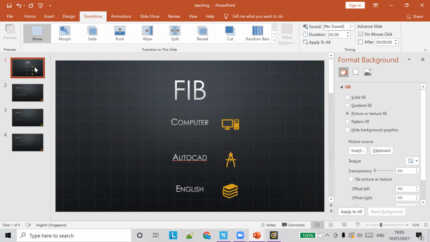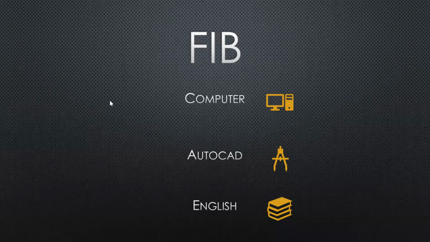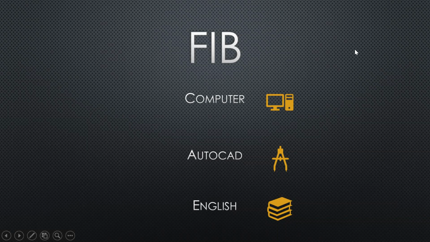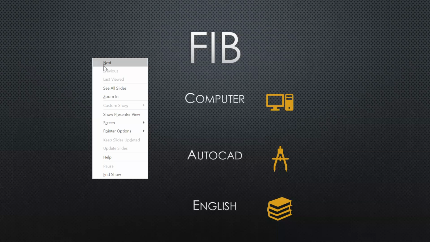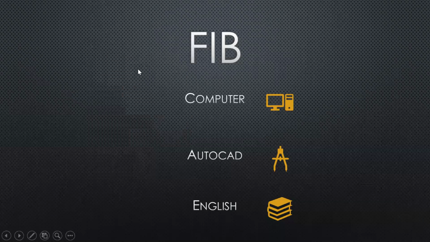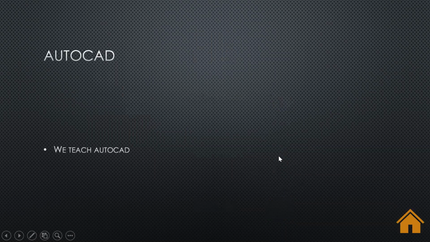So when you disable that, right? So save. So now, even when you click on any place other than the icons, right, it won't move to the next slide. Okay, so maybe you can use the next option, but it doesn't move on the left click. Okay, so only on clicking on these icons, with a hyperlink, it moves to the next slide.